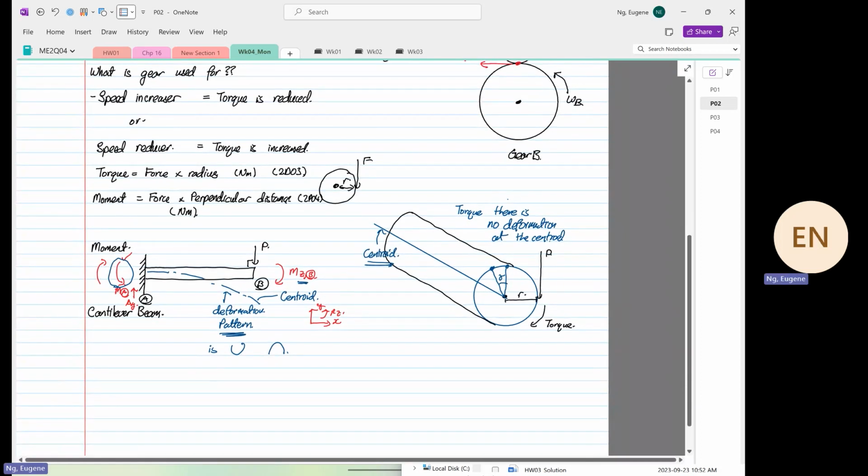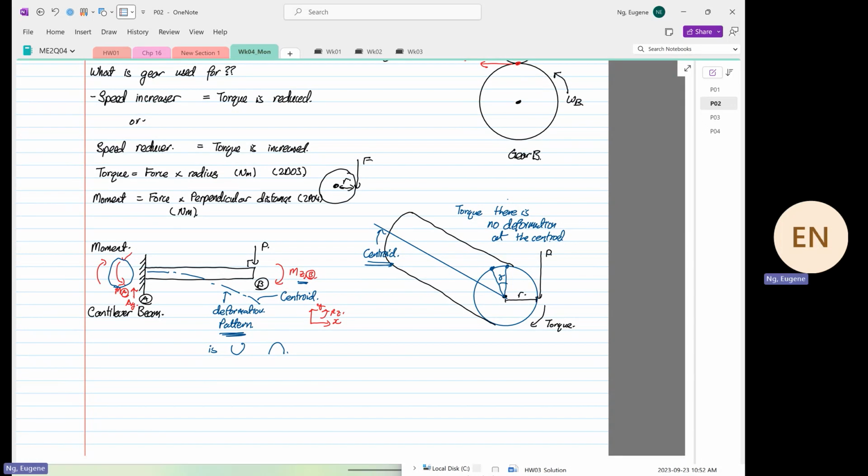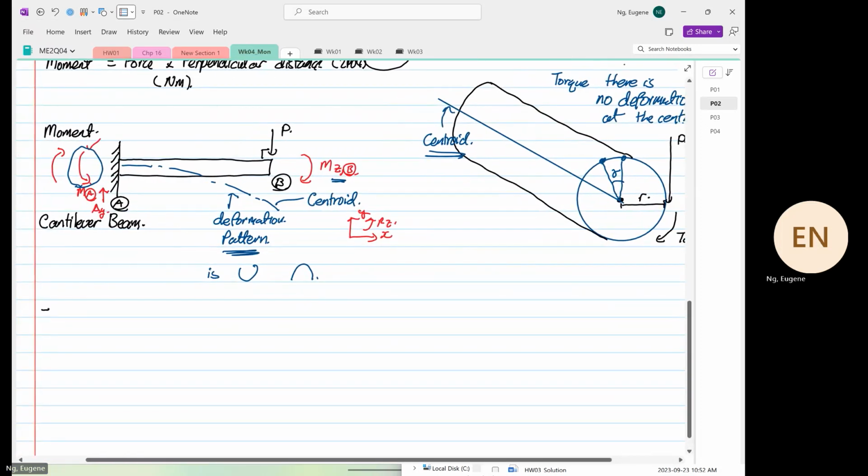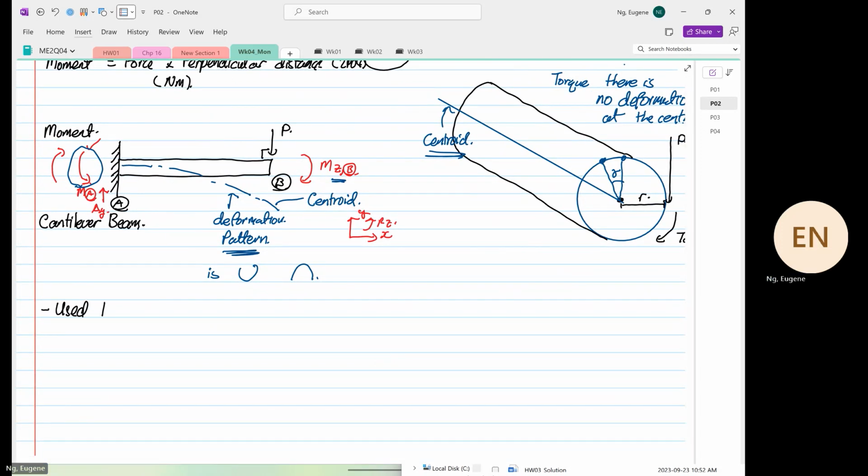So now we all know where we are. We now know the difference between torque, and what a gear is used for. What is something else that the gear is always very useful for? Anyone? A gear is used to change the direction between the driver and driven.